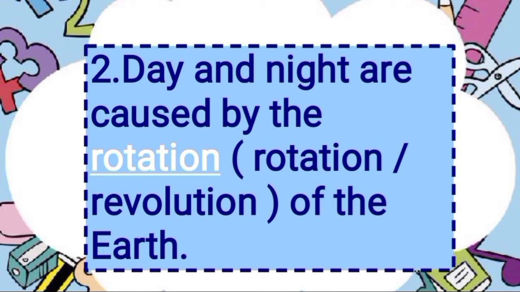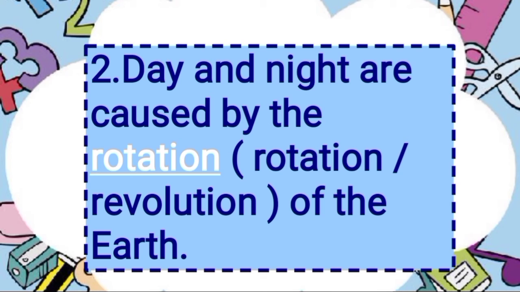Now next, day and night are caused by the dash of the earth.